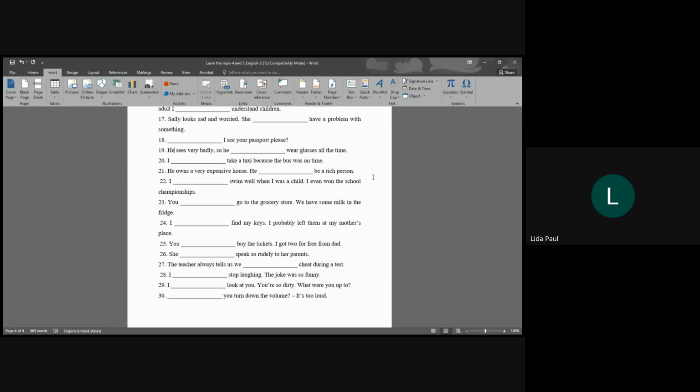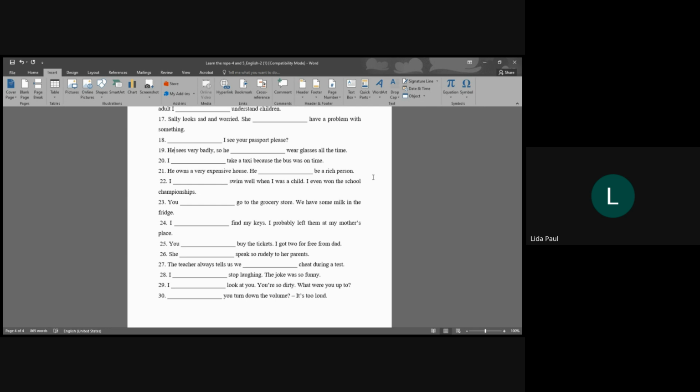So yes, you can say she mustn't speak so rudely to her parents. But again, if you use must, then this is a self-imposed weak obligation. So "she mustn't speak so rudely to her parents" is fine.